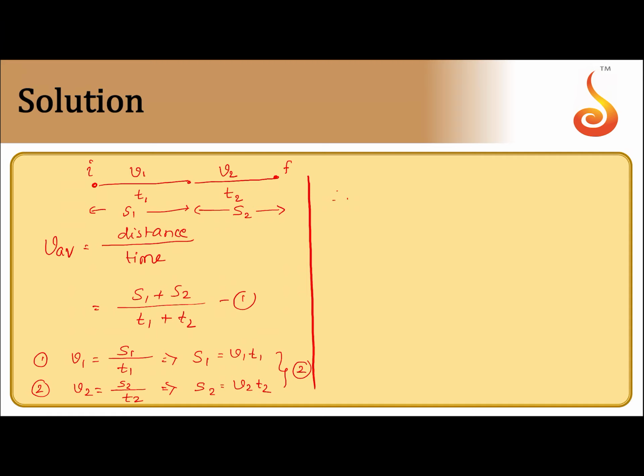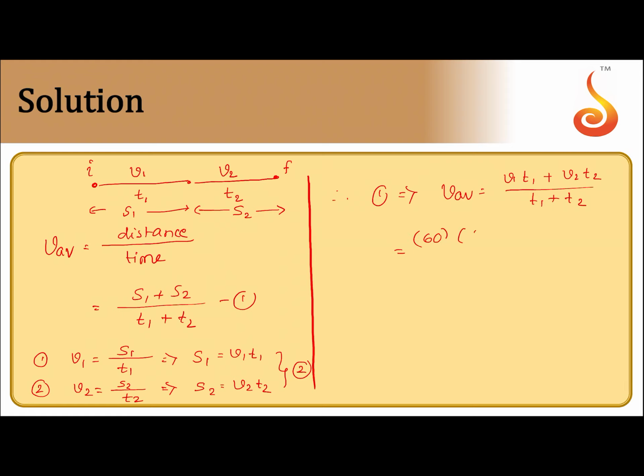So with this, equation 1 takes the form average speed is equal to v1 t1 plus v2 t2 divided by t1 plus t2. Now let us go for the substitution. v1 t1, what is v1? 60.